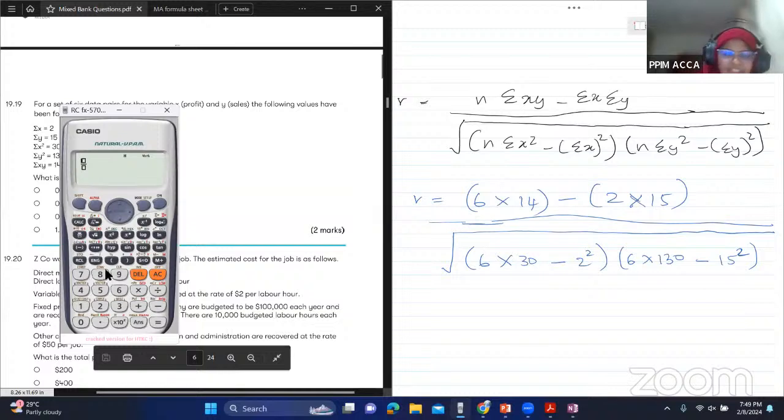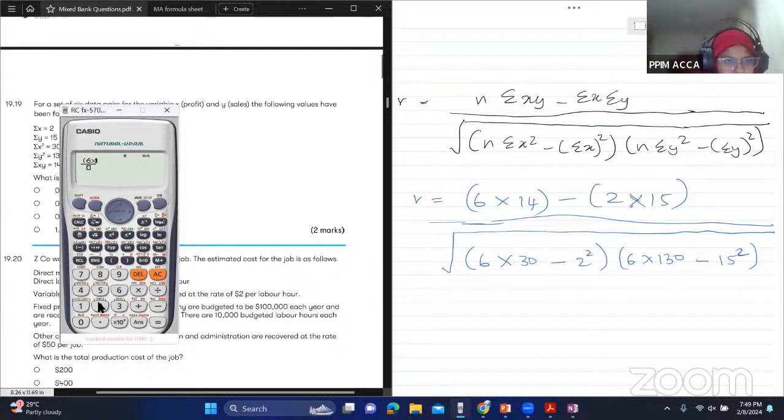So let me quickly show you how this works as well. Open the fraction. 6 into 14 minus 2 into 15. Come down. Then we need the square root. So I'll put the square root sign. Open brackets. 6 into 30 minus 2 squared.